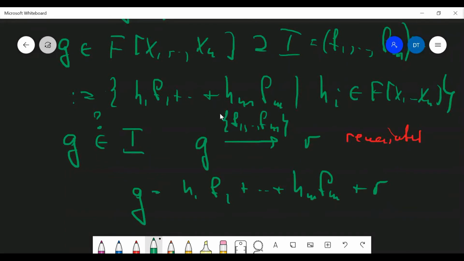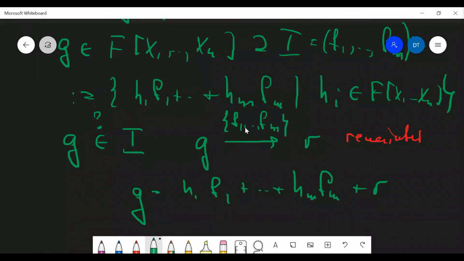But if this set is good, which means it's a Grobner basis, so that the remainder doesn't depend on the choice of these elementary reductions, then this remainder becomes a criterion for this problem. If it's 0, then G belongs to the ideal, and if it's not 0, then G is not inside this ideal. So this is one of the problems we want to solve.